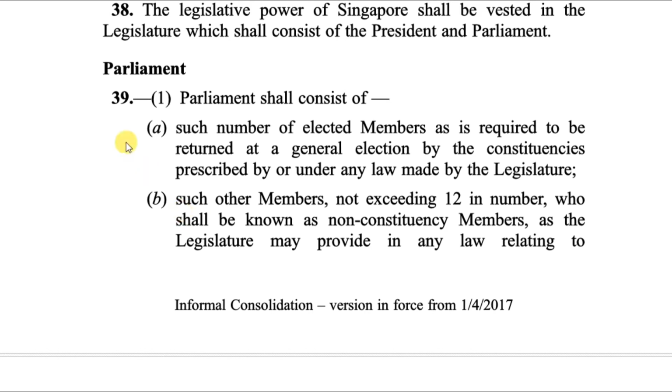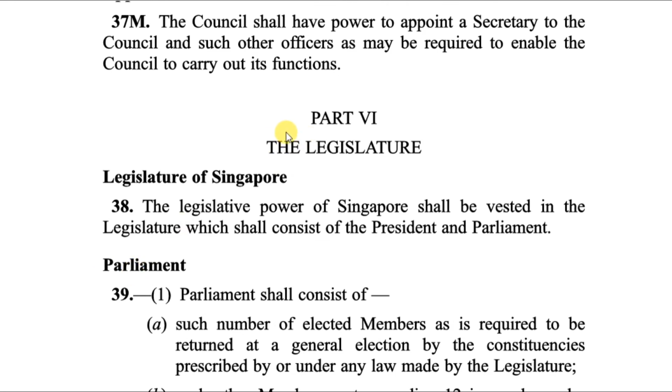And under subsection 1A of Article 39, we see that Parliament shall consist of elected members returned at a general election. You might also see that Parliament consists of other members, but we'll talk about that in a later video on NCMPs and NMPs. For now, what's important is the header that Article 39 is under: the legislature.